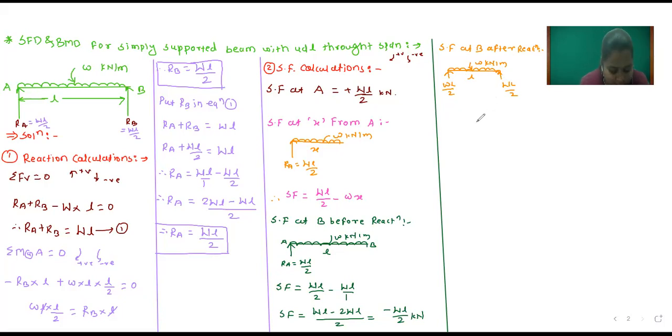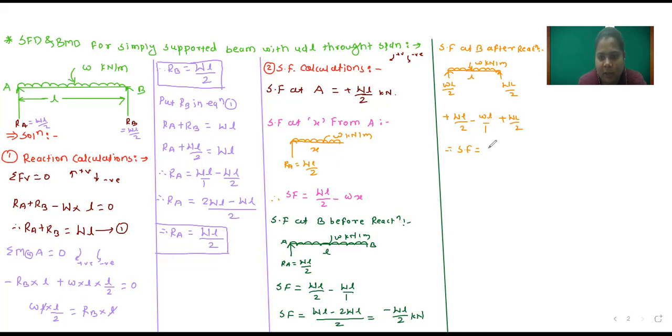So shear force at B after reaction is equal to plus WL by 2 minus WL, and then plus WL by 2. First we will solve this and then this.